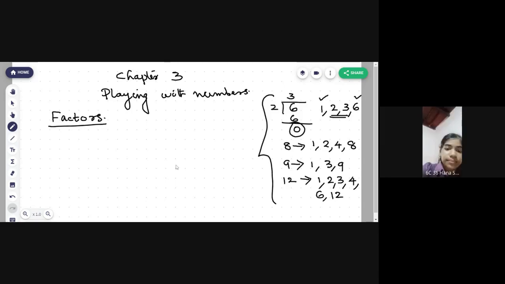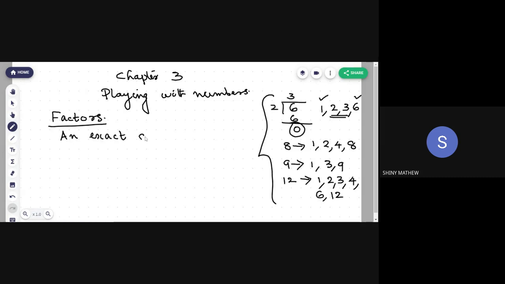Below that, under factors, you can write the sentence this way. An exact divisor of a number is known as a factor of that number.